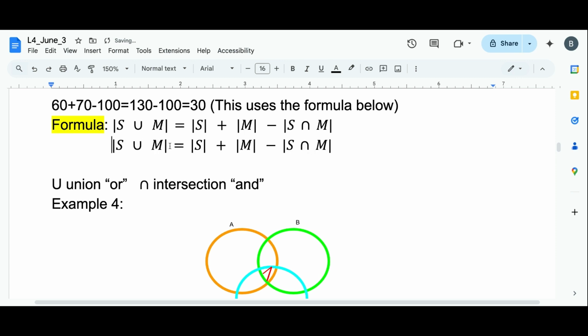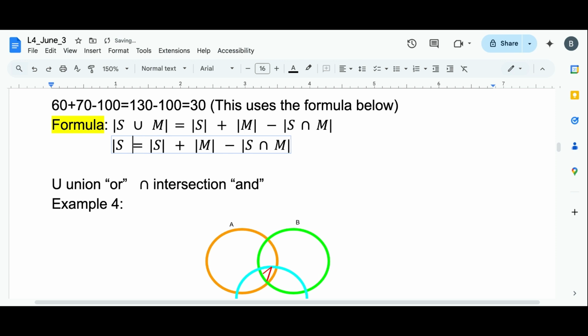All right, so we know that S union M, we know that that's 100 because everyone takes at least one of the courses. And we know that S was 70. And we know that M was 60. We'll call our unknown X here. How many take both? The intersection.